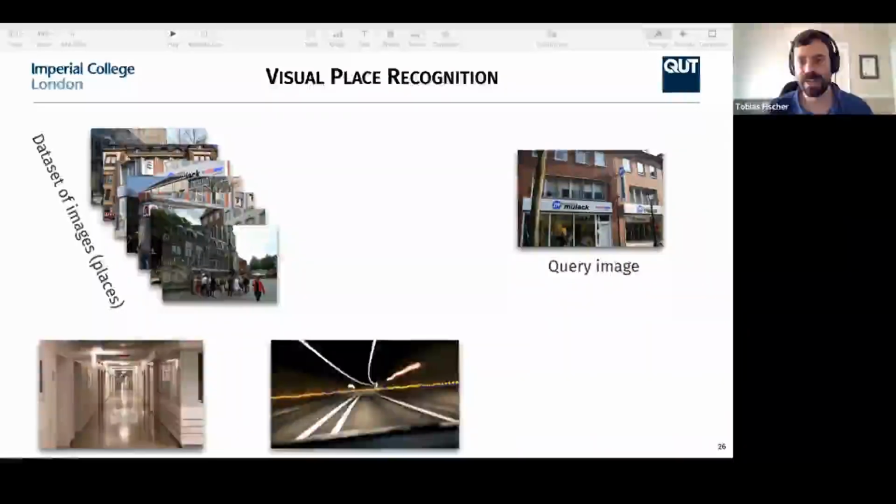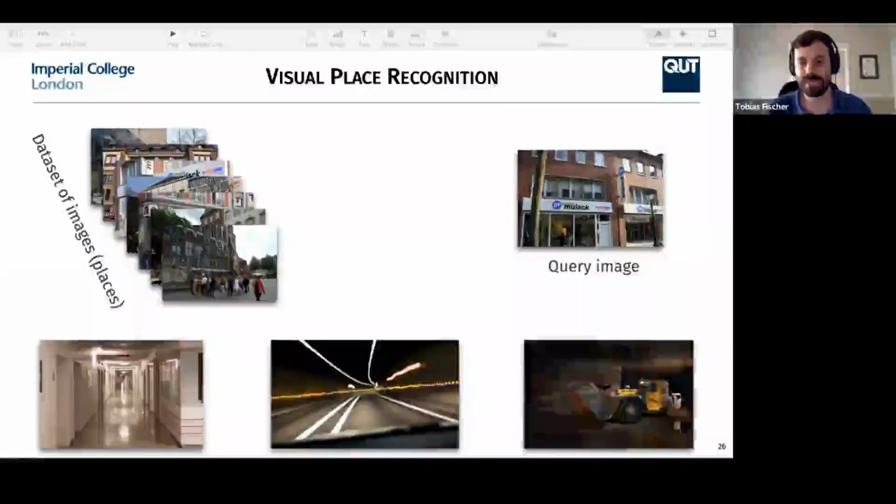In autonomous cars, there are certain parts of the world where you don't have GPS, so in tunnels it would be really good to keep track of where you are. Or underground, in mining, for example, you have to recognize where you are within the environment for any kind of navigation you want to do.